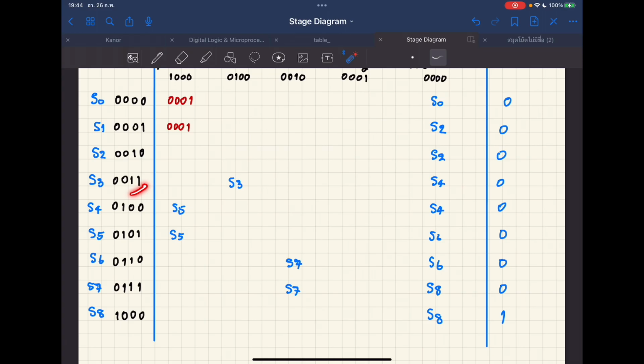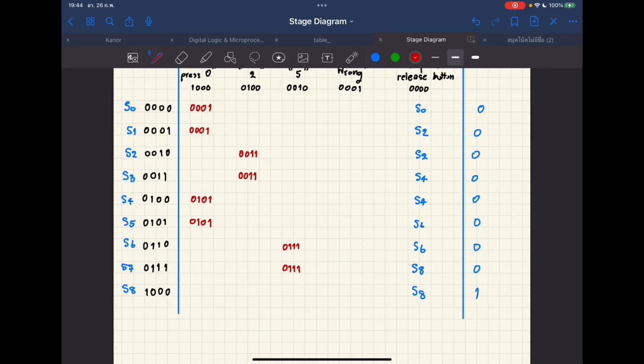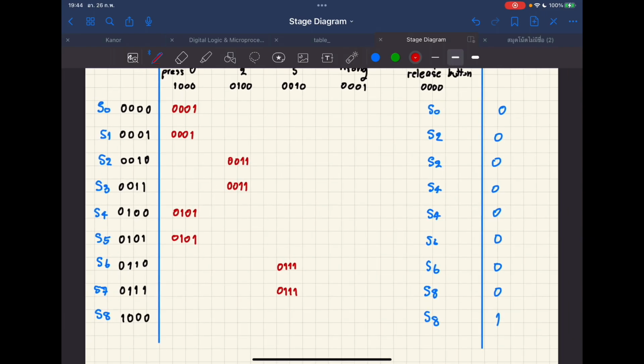Stage 3 is 0 0 1 1. Stage 5 is 0 1 0 1. Stage 7.